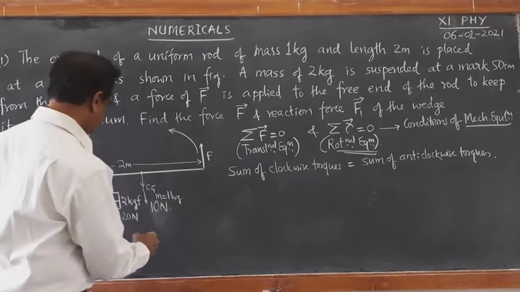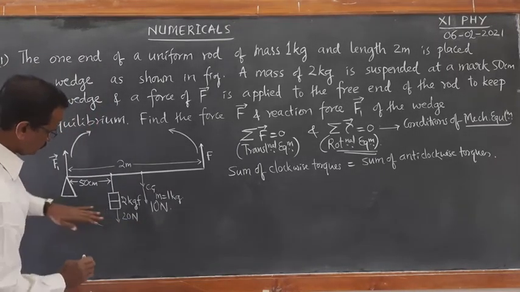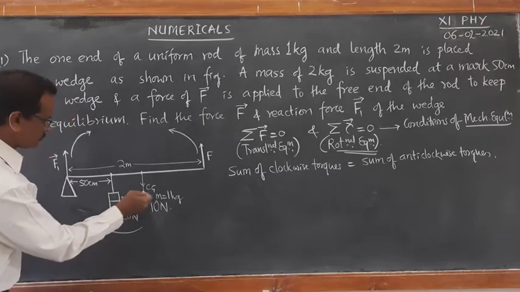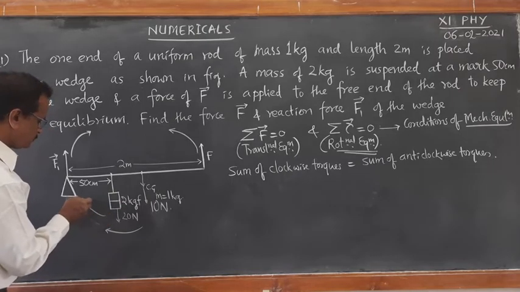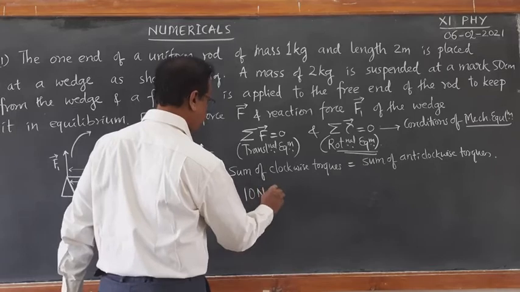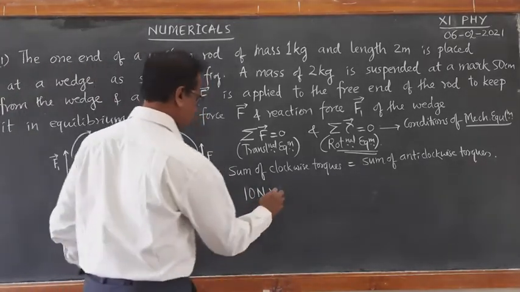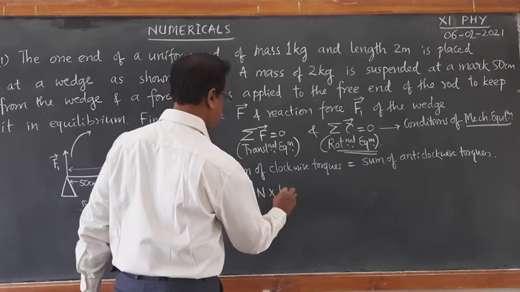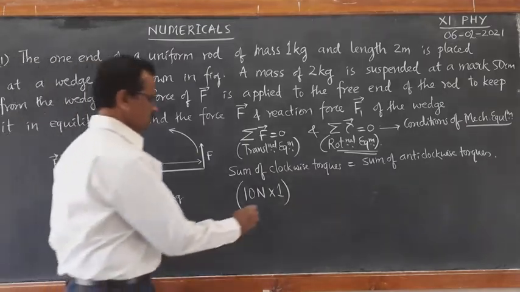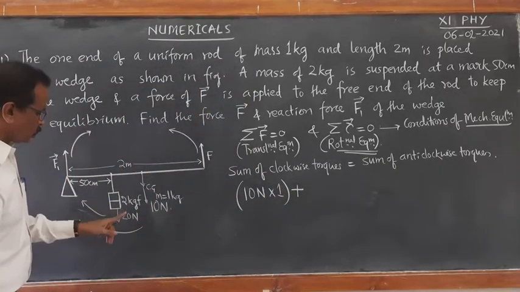Therefore, I have to write the clockwise torque for this entire rod due to center of gravity. So first I am writing for this 10 Newton multiplied by 1 meter, because its distance from the wedge is 1 meter. 10 Newton into 1 meter plus, this is clockwise, plus 20 Newton.